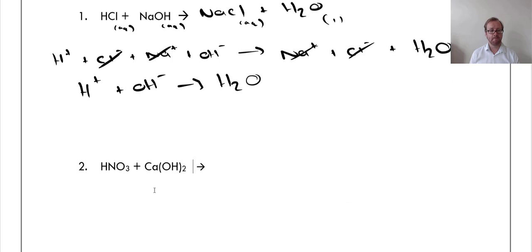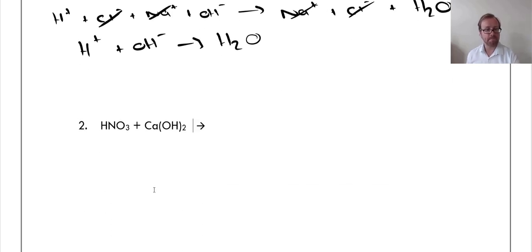Simple, yeah? For this one, again, remember you need to be able to work out the formula of the salt. Calcium is in group 2, so it's 2+. NO3 is 1-, so I need two of these. So I'm going to form a salt plus water. I need to balance it.